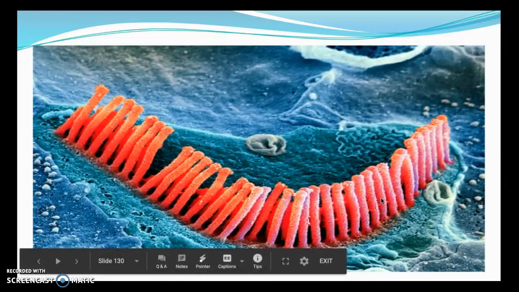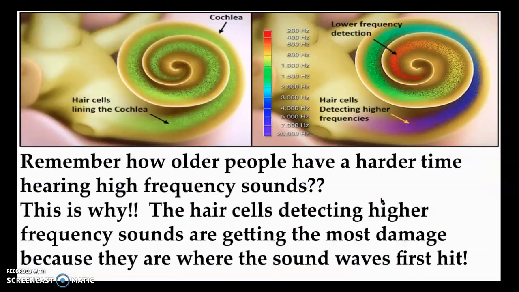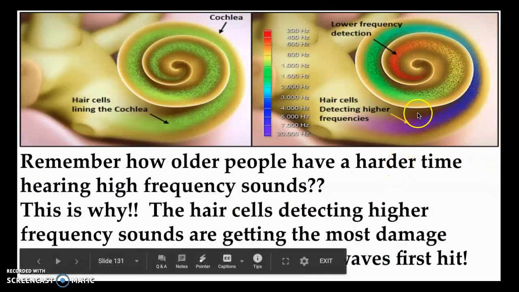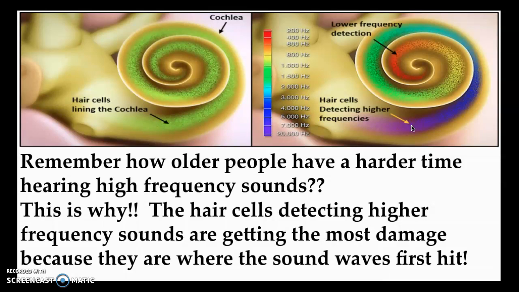On the outside, this is what these little hairs look like using an electron tunneling microscope. So the further out you are, the higher frequency sounds in your cochlea. Here's where the stapes would be. So out here, this is where you're hearing your high-pitched noises right now. And in here it gets lower and lower and lower and lower.